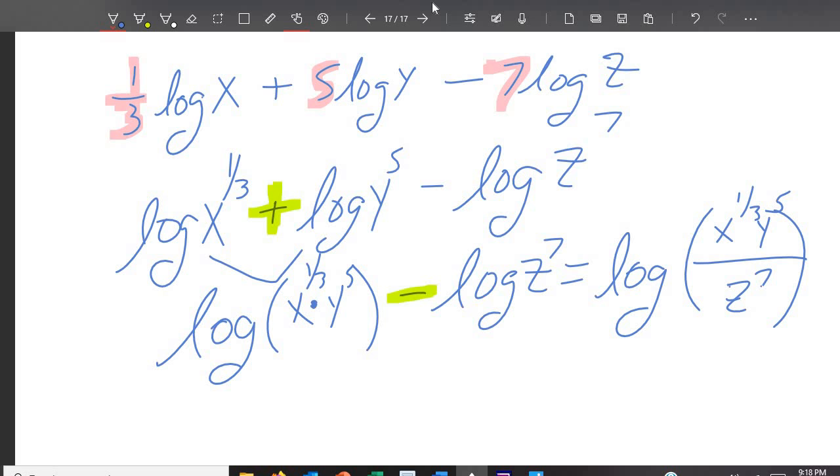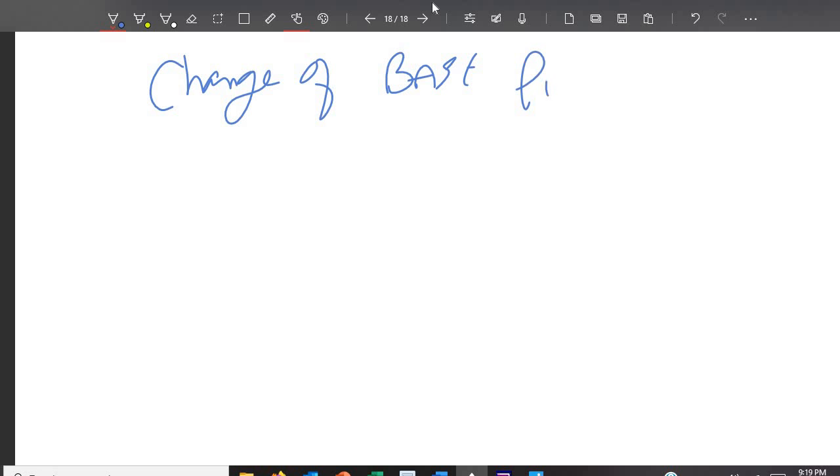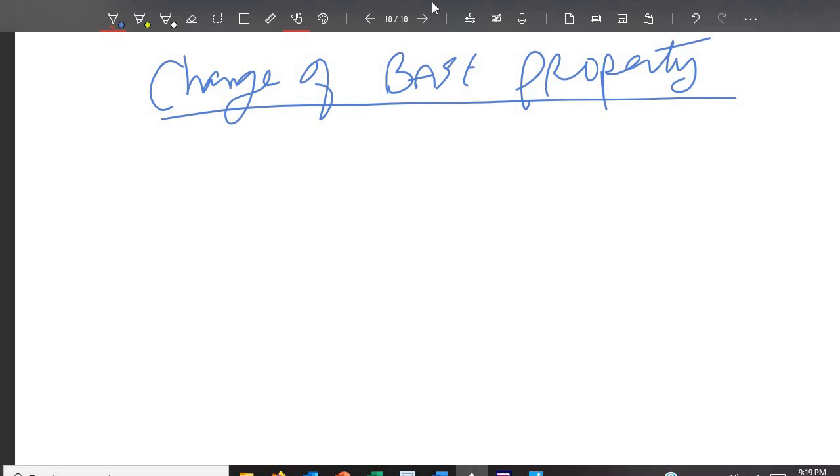Now, I want to show you a rule that will allow you to evaluate any logarithm using your calculator. This is called a change of base property. We can take any logarithm with any base and convert it into something I can use a calculator for. Now, let me show you what I'm talking about.